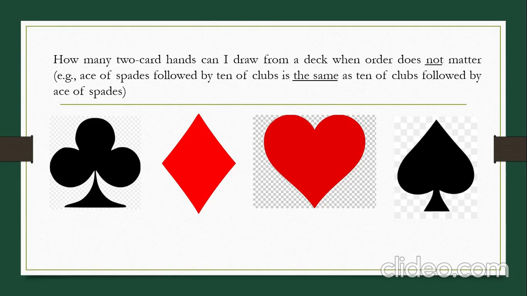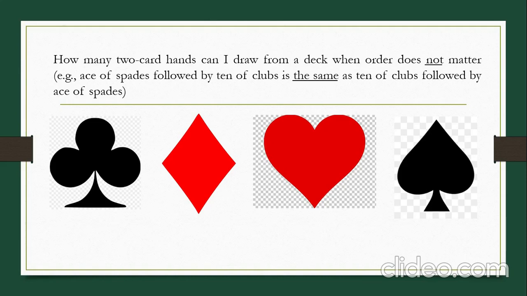These suits are the club, the diamond, the heart, and the spade. In every suit, there are 13 cards. These cards are the numbers 2, 3, 4, 5, 6, 7, 8, 9, and then you have the jack, the queen, the king, and the ace.